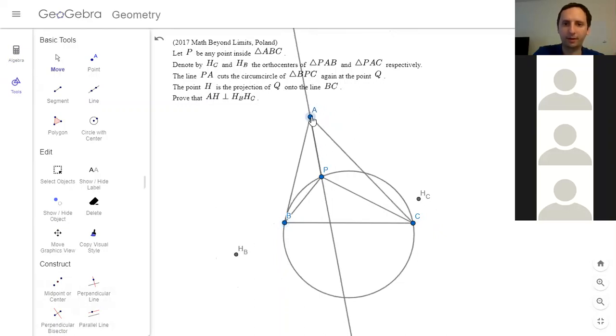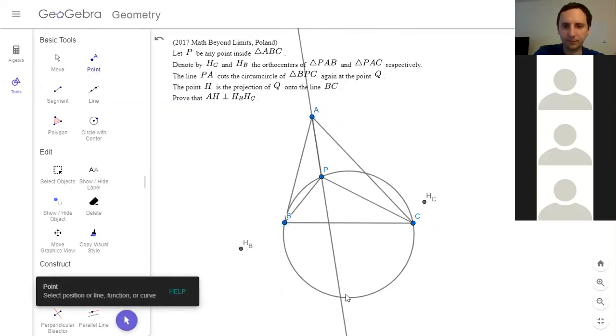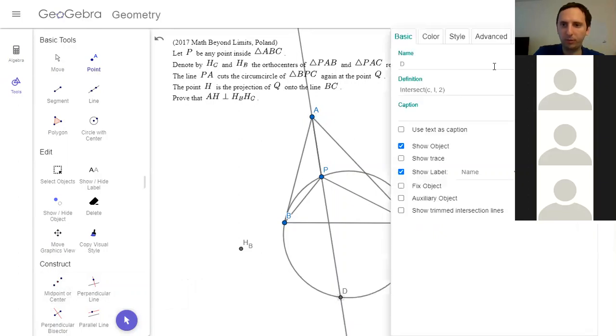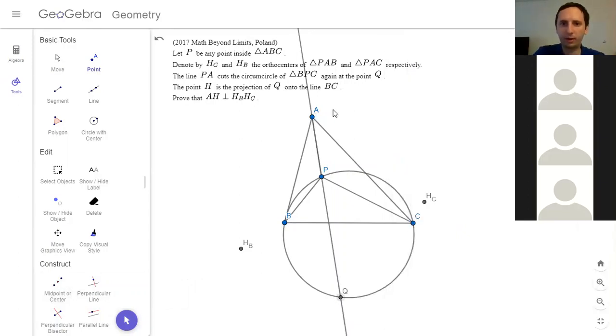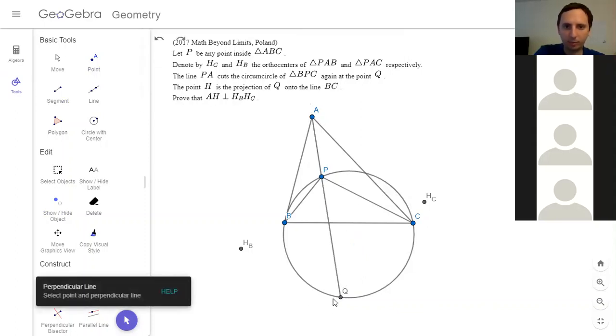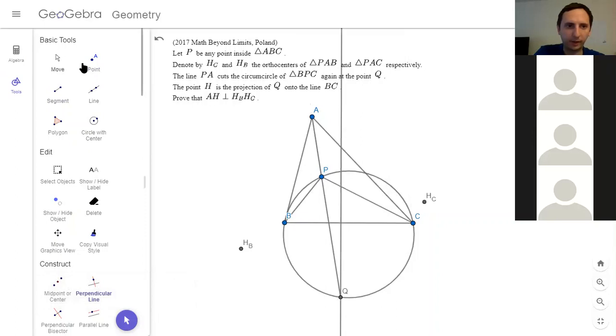I like that. So this is point Q, and H is the projection of Q onto BC. And we want to show AH is perpendicular to HBHC.